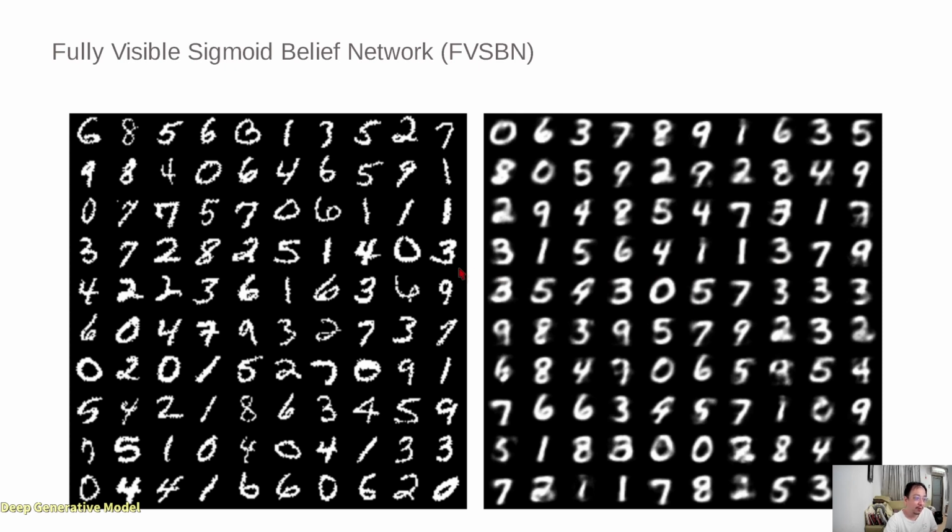So in this example, the implementation is using the autoregressive and the belief network architecture on generating MNIST images. MNIST is handwritten digits. It has a preprocessing that binarizes the image, so it only has a black and white part.